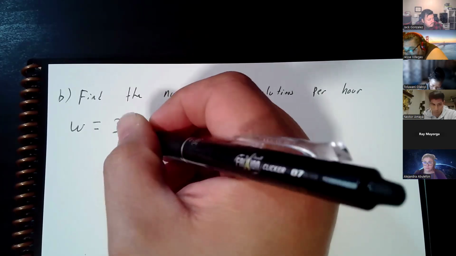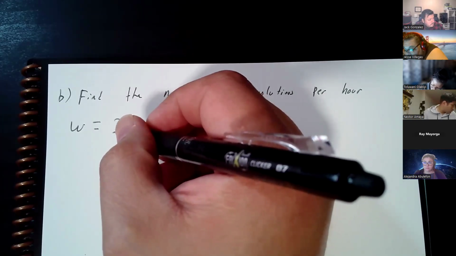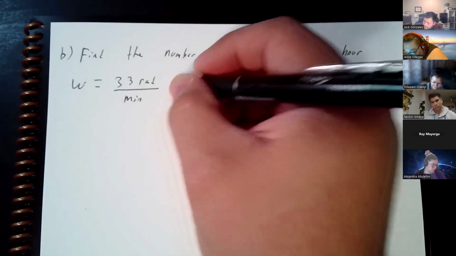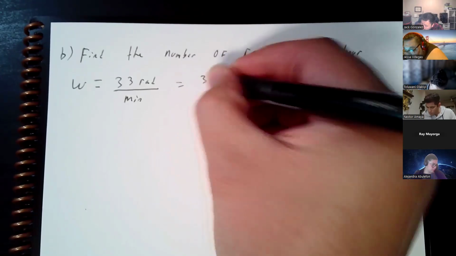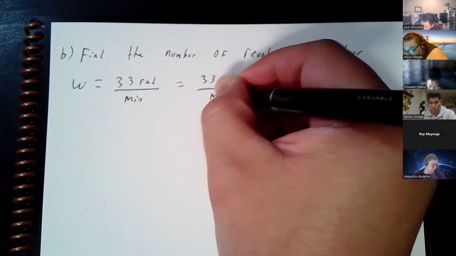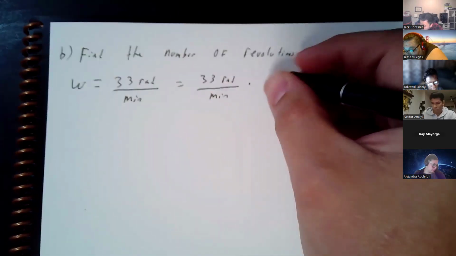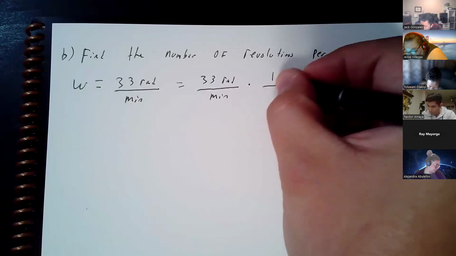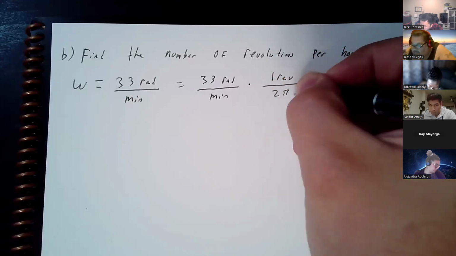If I want that in revolutions, multiply times 1 revolution is the same as 2 pi radians.